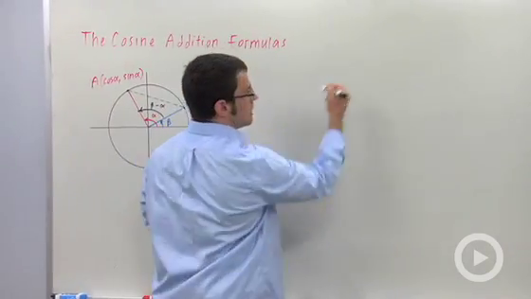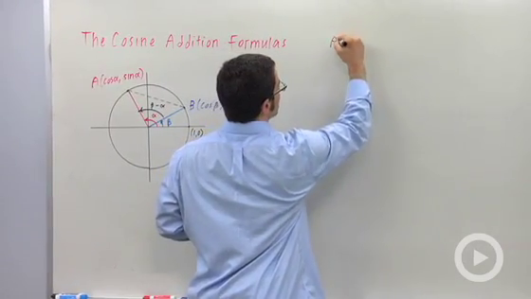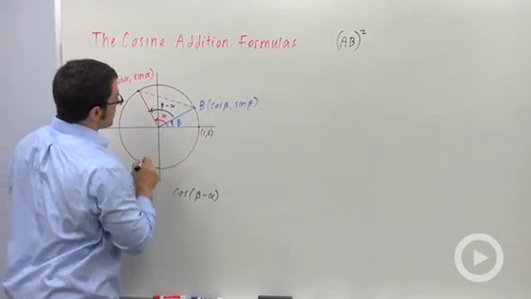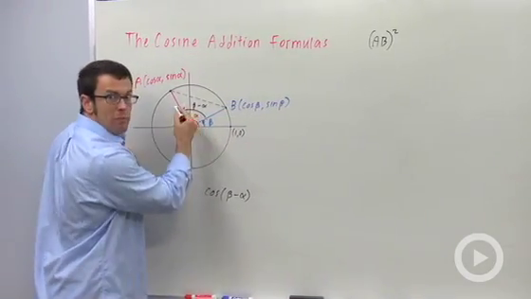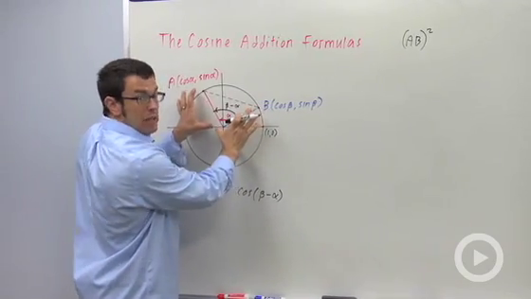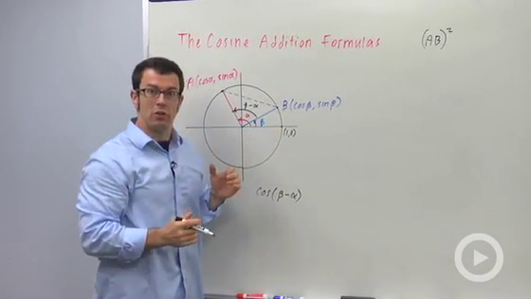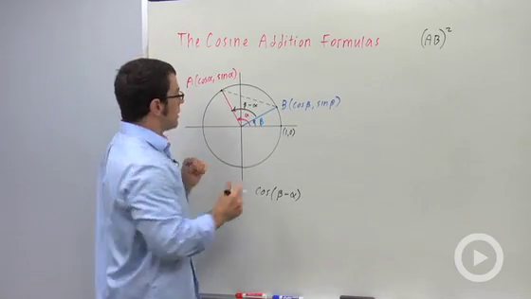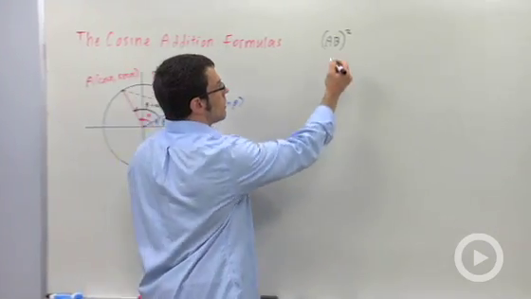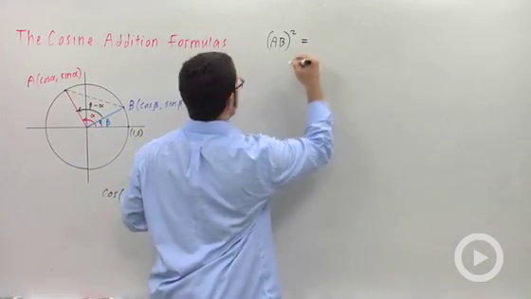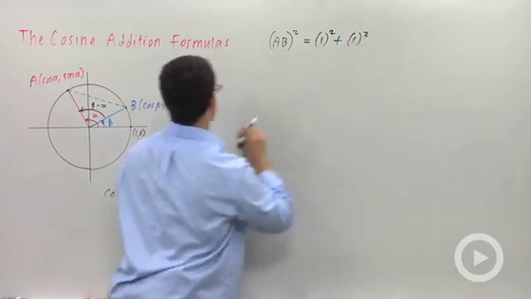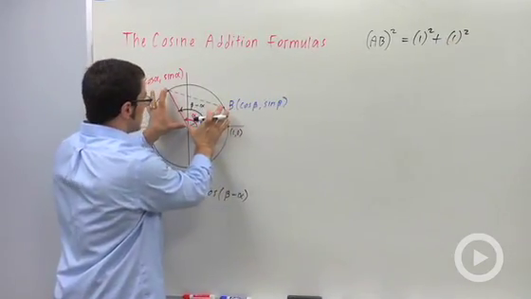So let's find AB. We'll actually find AB squared in this triangle. So our theta is going to be beta minus alpha. These are the two sides A and B. And by the way, we're in the unit circle, so both of them have length 1. And this is the side length we're going to find. So AB squared equals 1 squared plus 1 squared. That's the sum of the squares of these two sides.